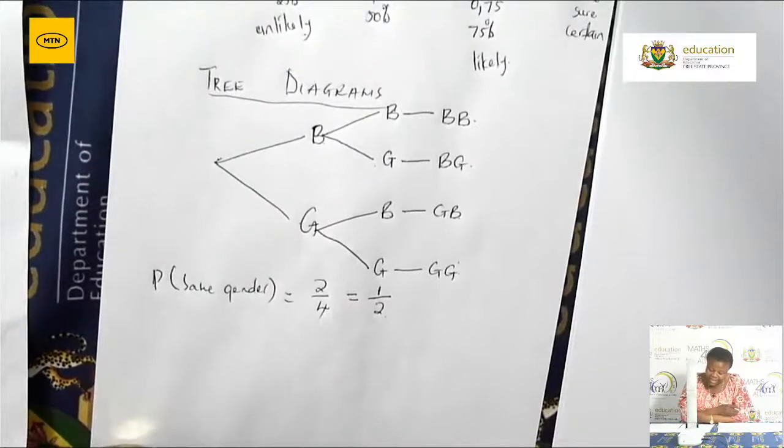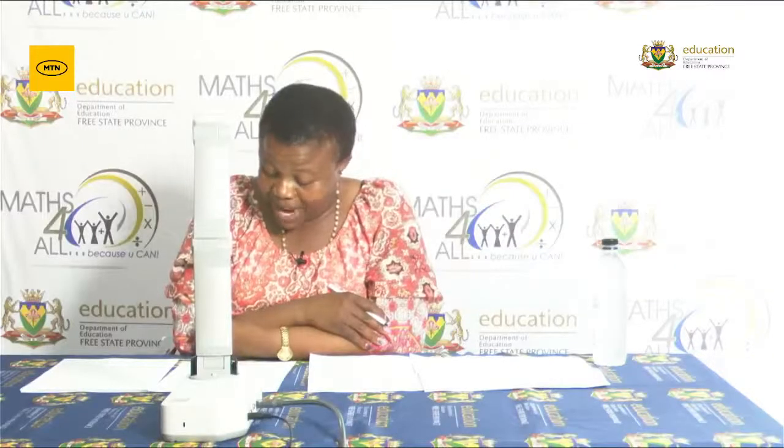So in the case the question says, determine the probability of Mme Ramokgethi getting the same gender and simplify your answer, we expect you to have the numerator and the denominator simplified.